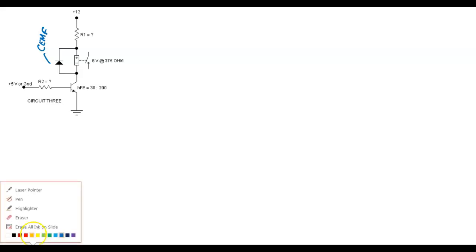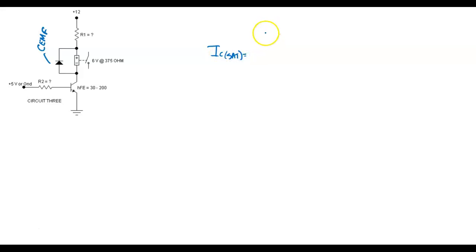So I know two things about the relay: I know the voltage that's required to run it, and I know the ohms that it has. So IC sat, the saturated current, what's the formula for I? It's 6 over 375 ohms.